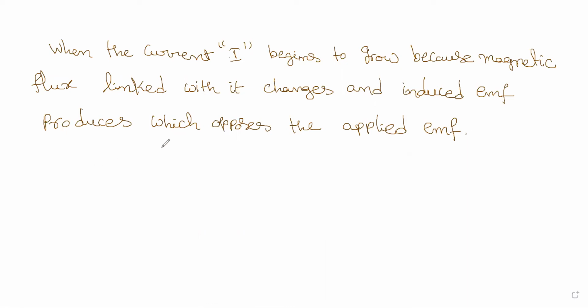So the variation in the magnetic field will generate the induced EMF. This is Lenz law. So we write the induced EMF, epsilon, is given by minus L into di by dt.